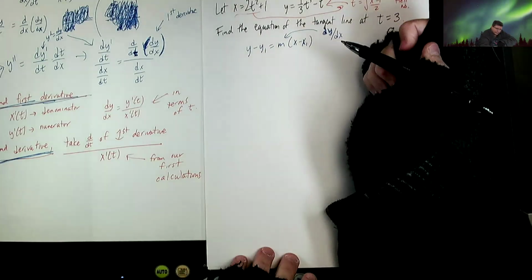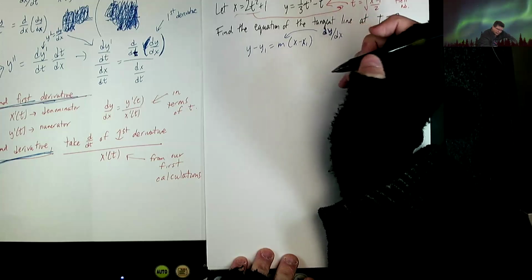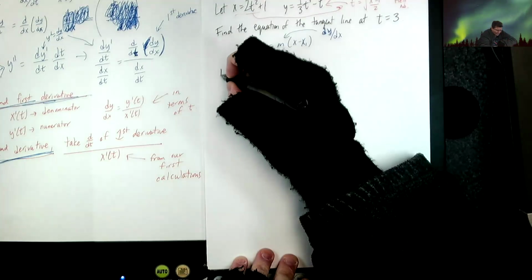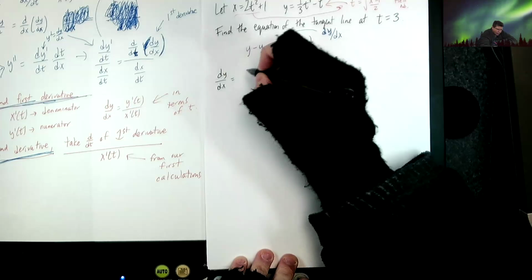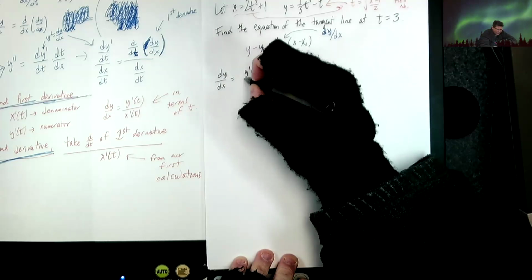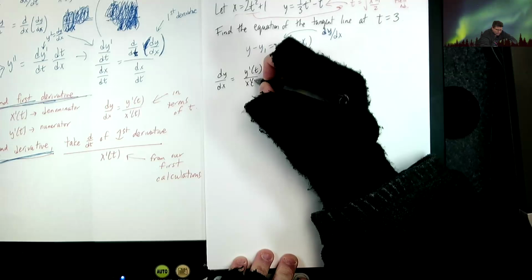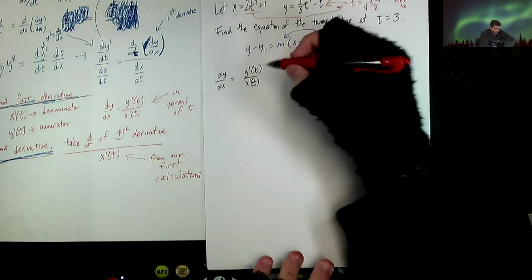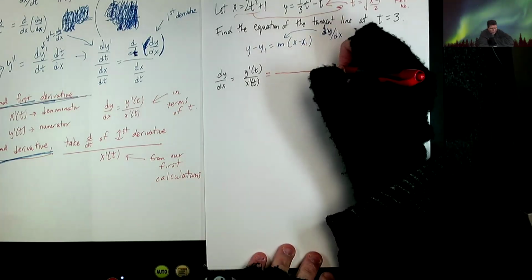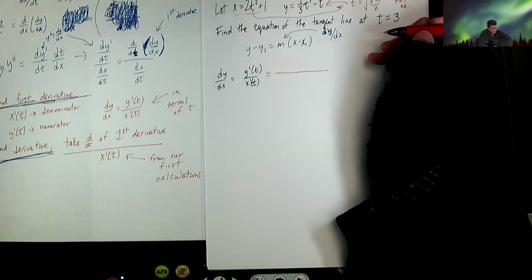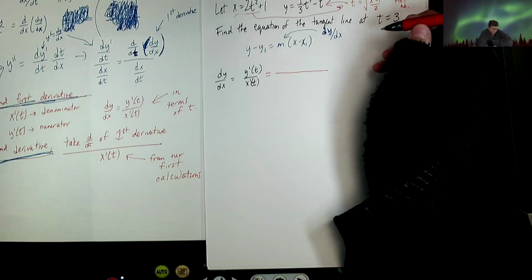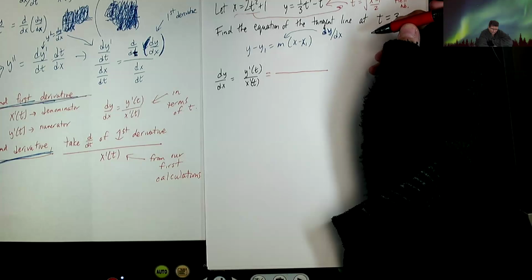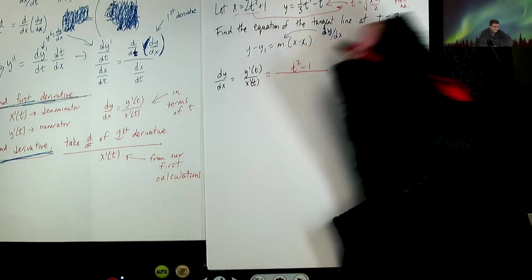So if we're going to do it, let's plug it in. We've got dy/dx is going to be y prime of t over x prime of t. What's y prime of t looking like? t squared minus 1, right?